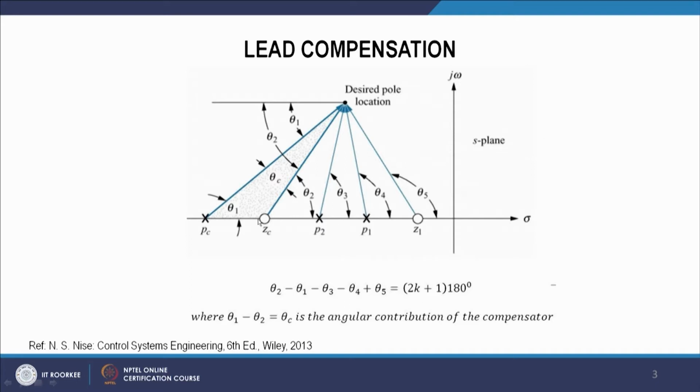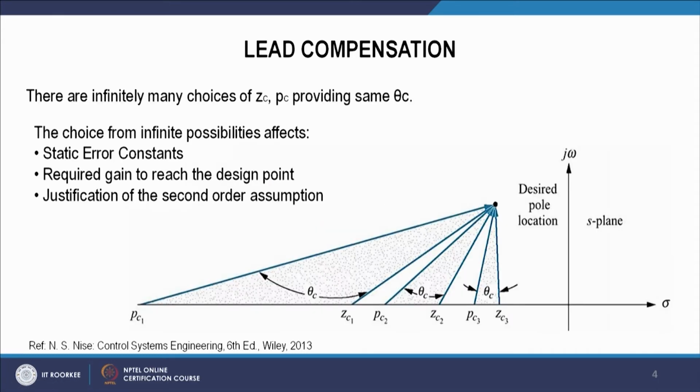Now theta 1 minus theta 2 is theta c, the angular contribution of the compensator. Because we are putting a 0 and a pole, the angular contribution of the compensator is the difference between these two angles. We can find this theta c in several ways to reach the desired pole location.